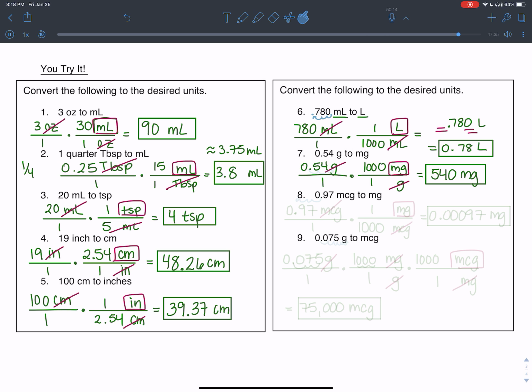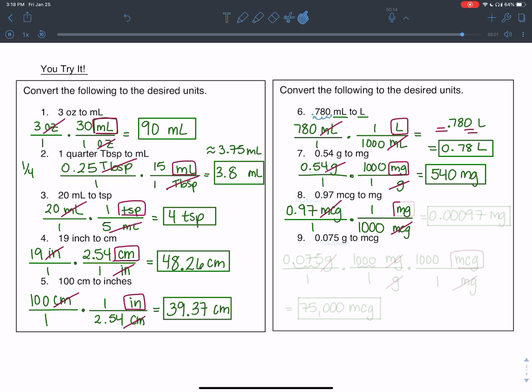All right, so doing the next one, micrograms to milligrams. So I got 0.97 micrograms. I want to convert it to milligrams, so I'm going to cancel out the micrograms with the milligrams. I have 1 milligram in 1,000 micrograms.